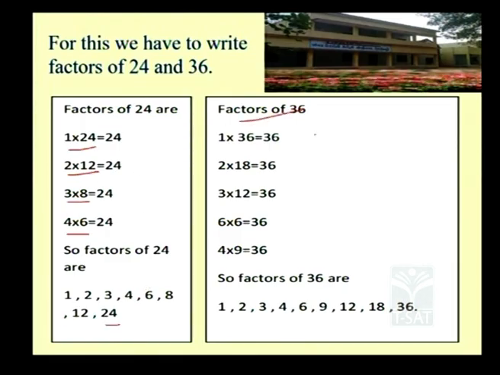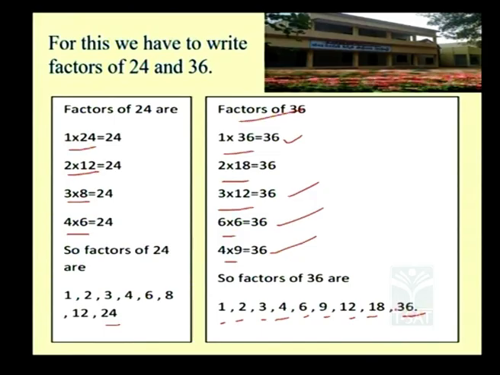Like that, for the factors of 36, 1 into 36 is 36, 2 into 18 is 36, 3 into 12 is 36, 6 into 6 is 36 and 4 into 9 is 36. So, the factors are 1, 2, 3, 4, 6, 9, 12, 18 and itself 36.